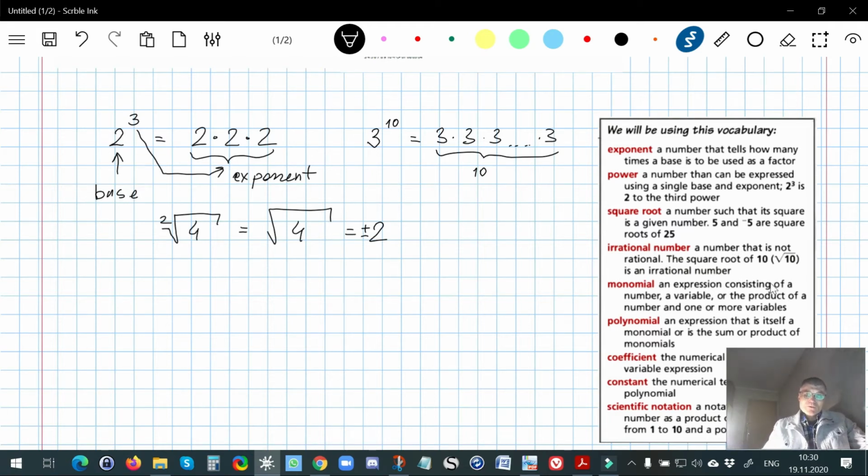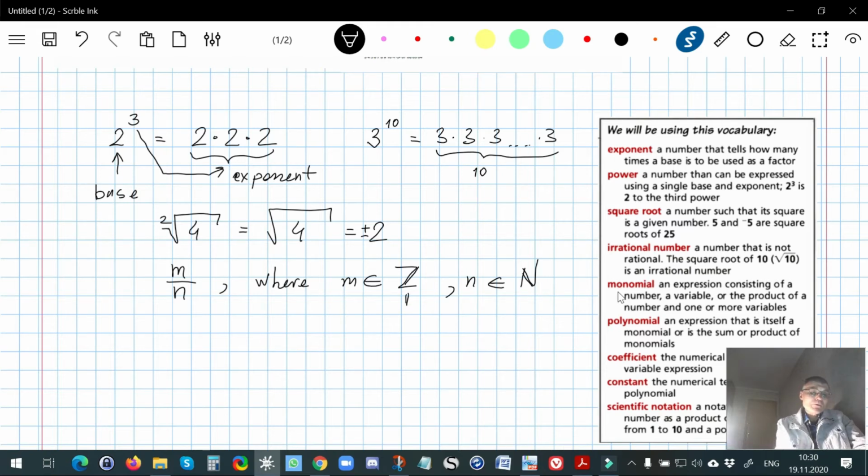An irrational number is a number that is not rational. The square root of 10 is an irrational number. A rational number is something we can express as a fraction where the numerator belongs to the whole numbers and the denominator belongs to the set of natural numbers.